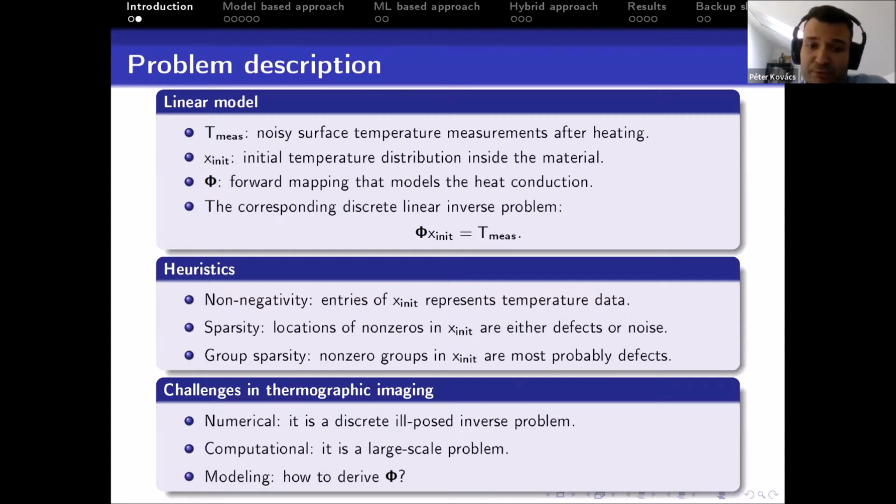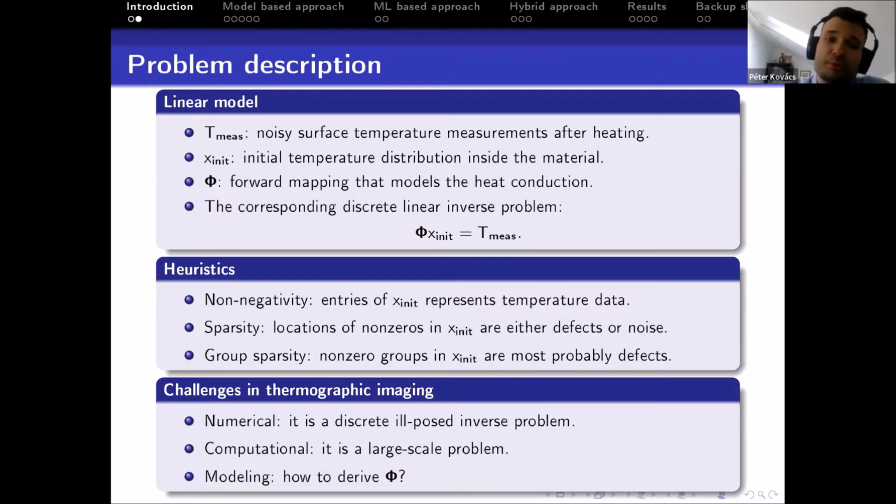There are many challenges during the reconstruction. From a numerical point of view, this is a discrete ill-posed inverse problem. So the condition number of the phi matrix is very high, and there is no clear gap between the singular values to make the matrix well conditioned.